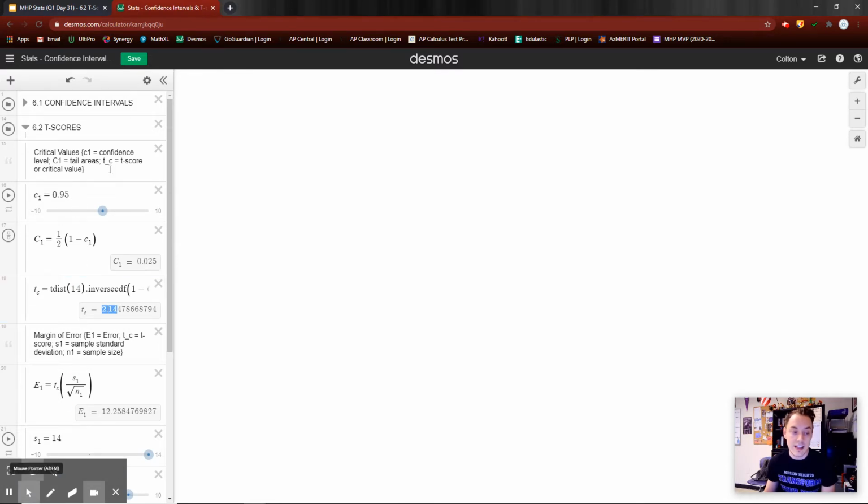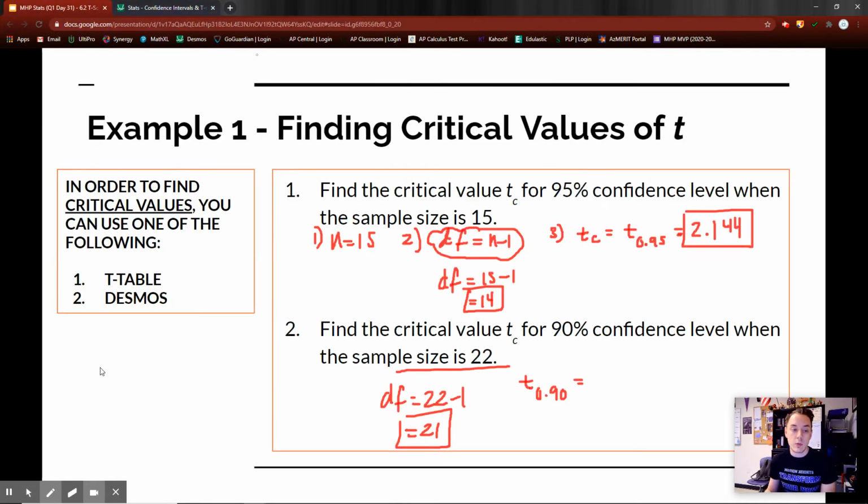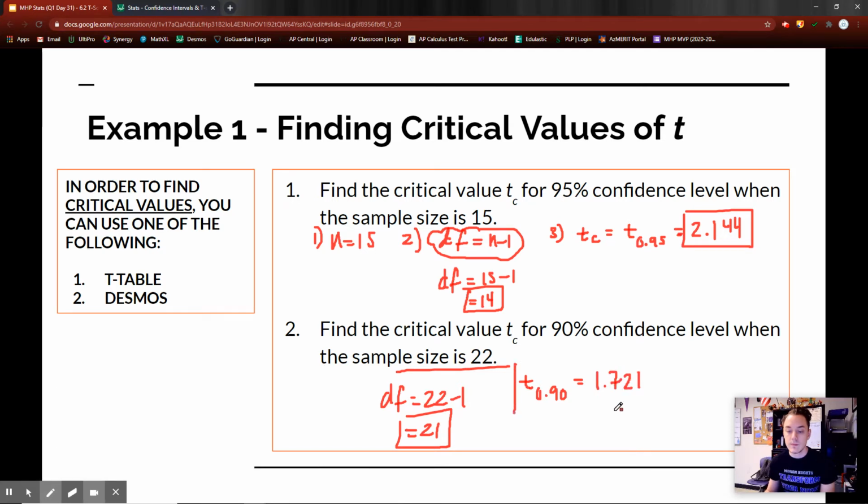I need to change this to 90, and then I need to change this, not to 14, but to my degrees of freedom, which is 21. So 1.721. I go over here and type that in, 1.721. So that is my critical value.